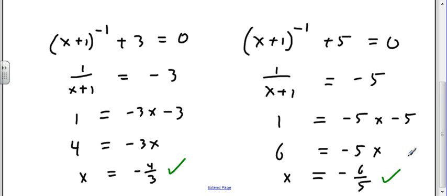So I'm going to use that key and say parentheses x plus 1 close parentheses raised to the minus 2 plus 8 times parentheses x plus 1 close parentheses raised to the minus 1 plus 15.